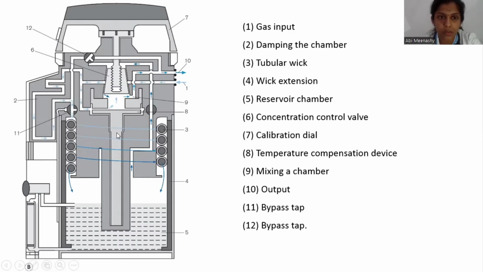Like I told you, tubular wicks are spiral coils that are present to elongate the passage of your fresh gas flow and increase the surface area of contact. 4 is your wick extension. Then 5 is your vaporizing chamber. It is filled with your inhalational agent. Liquid is here. So your gas comes like this, goes like this. According to your, what is this? This is your bimetallic rod.